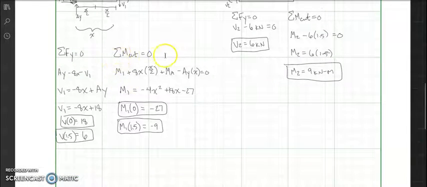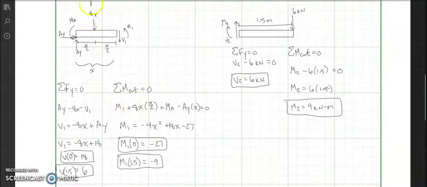Next, I took the sum of moments at the cut and set them equal to 0. So it'll give me that moment plus 8x with a moment arm of x over 2, since it's halfway in between, plus the moment MA, minus AY times x.